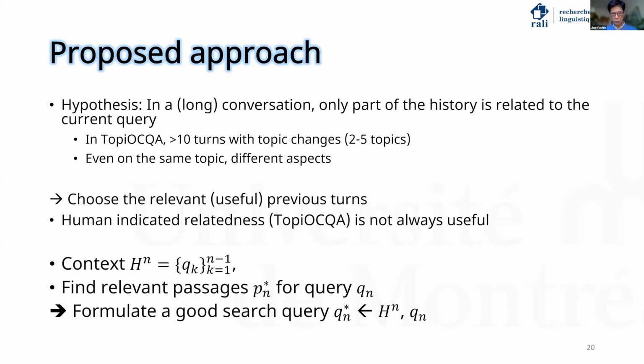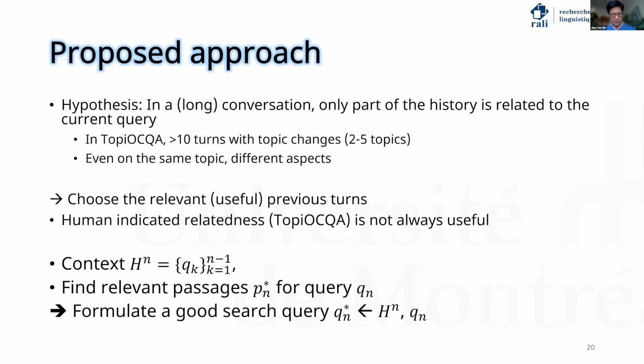So we talk about one topic, and then we shift to a second topic, and then it is possible to go to a third one or to go back to the first one. So there may be some topic changes during the conversation. So if we just use all the previous terms to help the current query, we will necessarily incorporate a lot of noise. So this just shows that it is necessary to select the relevant previous terms to be incorporated.